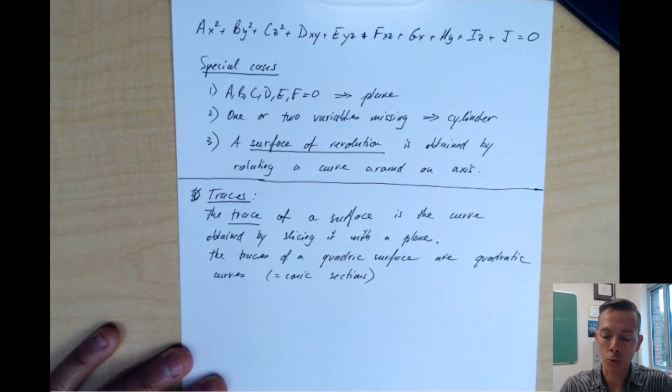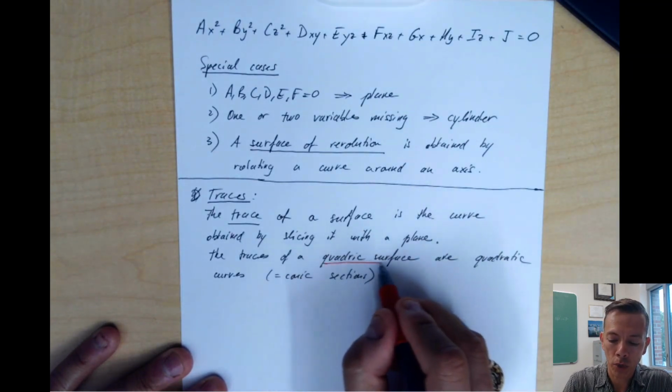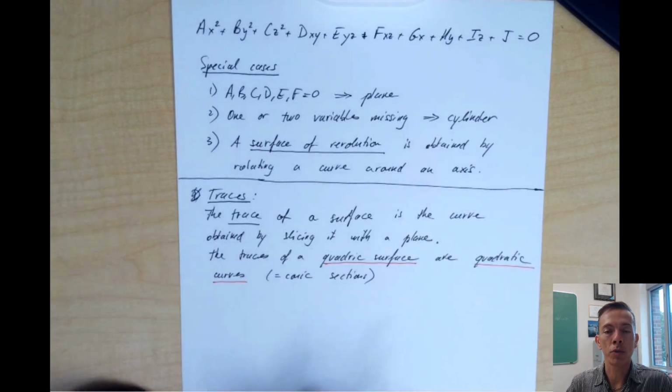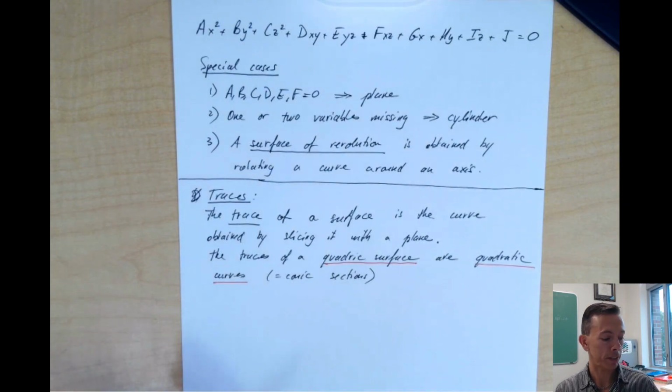Okay, so that's the close relationship between quadric surfaces and quadratic curves. We're going to use our knowledge of quadratic curves to help us identify the quadric surfaces.